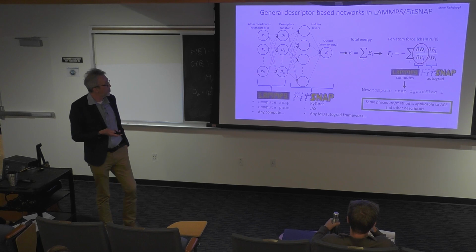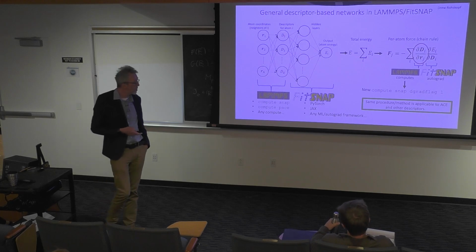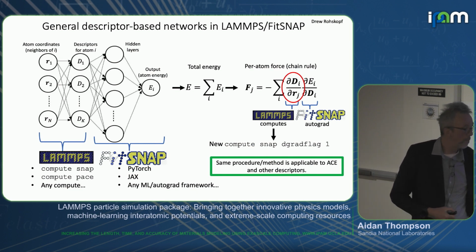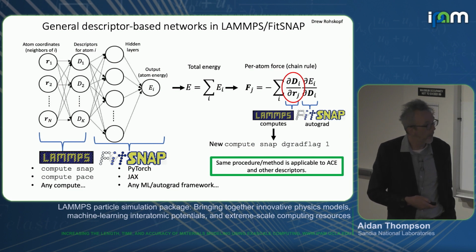This slide attempts to communicate how it works, but I'll just say that there are two stages. First of all, getting LAMMPS to calculate all those descriptors and derivatives of those descriptors, which are, as I mentioned, very expensive. But then the second part, which is handled in our FitSNAP code, interfaces to some neural network library, like, for example, PyTorch or JAX or anything else that you might like.